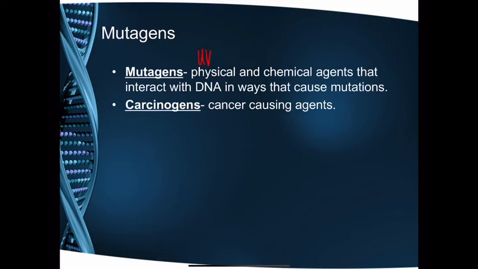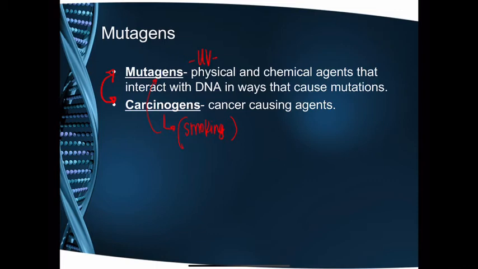Sometimes UV light can also cause DNA to degrade, so that's an example of a mutagen. Carcinogens are things like smoking, and they can cause cancer. Often these two are linked. Most mutagens are carcinogens, like we know UV light causes cancer, but also most carcinogens, such as smoking, are mutagens because they interact with the DNA and can cause mutations.